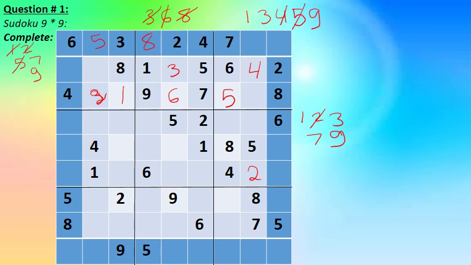3, I think it has many choices. 7, it has 2 choices. 9, many choices. Now in the next box, Hassan, what is it missing?